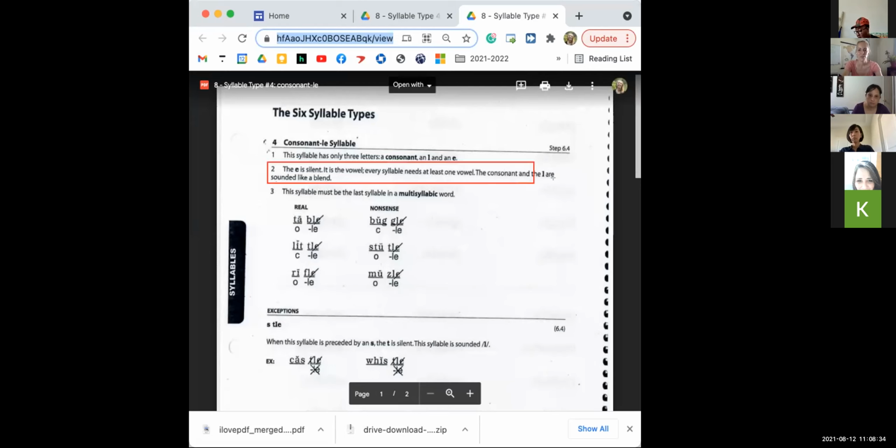In this type of syllable, the E is silent. It is the vowel of the syllable because every syllable needs a vowel. But in this case, the consonant and the L are sounded like a blend, which gives us the vowel sound. This is a common syllable at the end of a multi-syllable word.